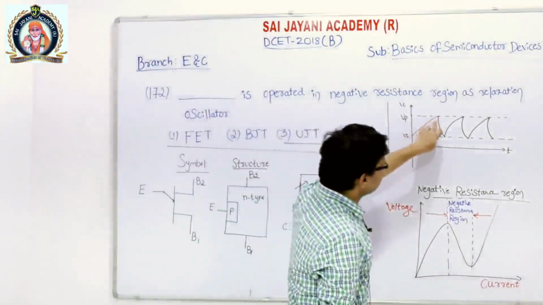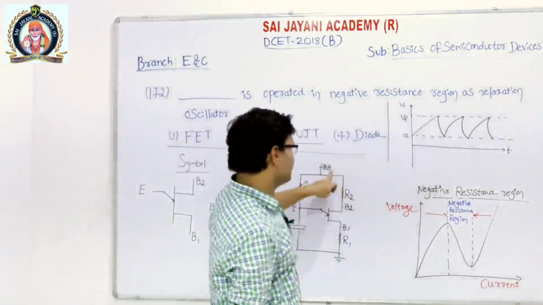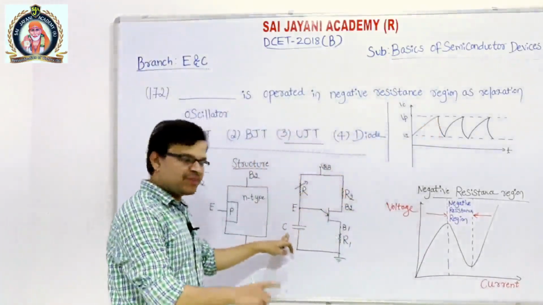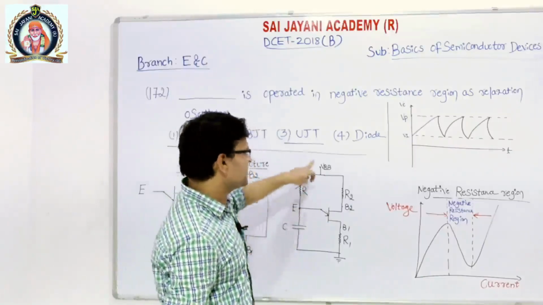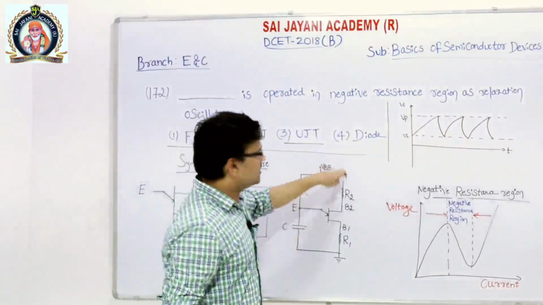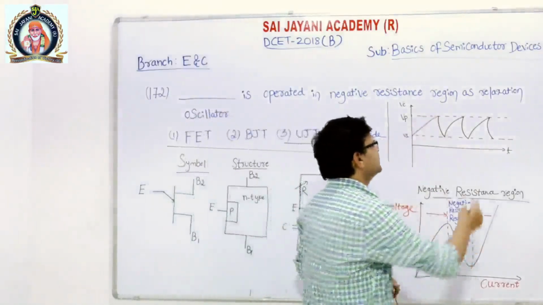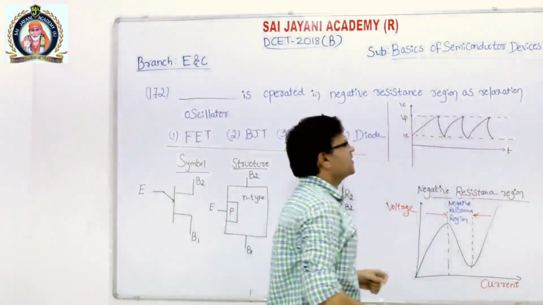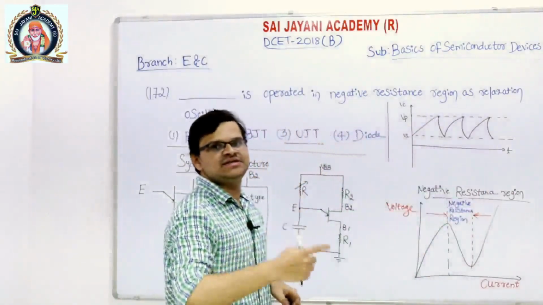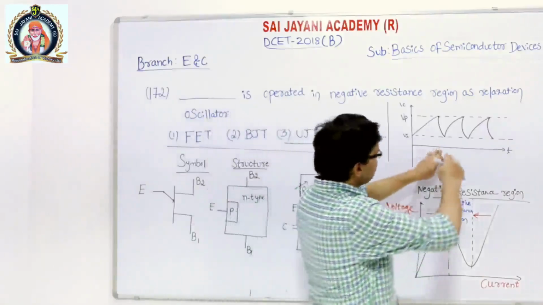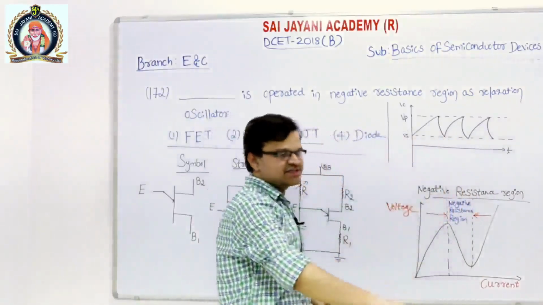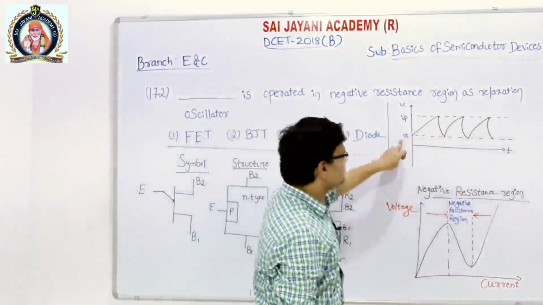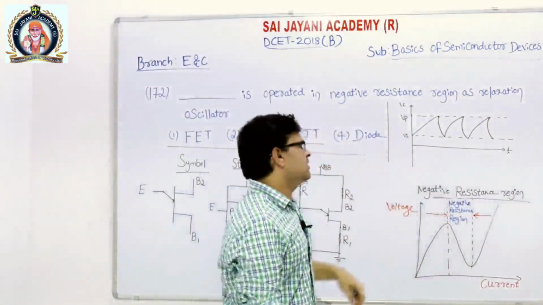When the capacitor voltage reaches the peak value of the VBB voltage, at that point the UJT is turned on. Then the capacitor starts discharging towards the VI.